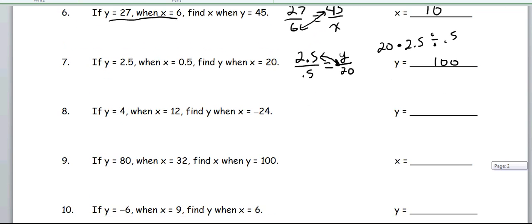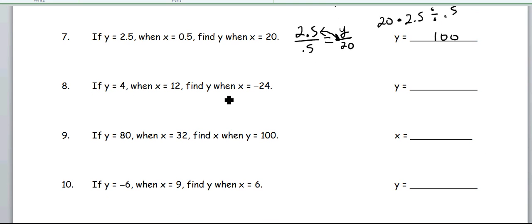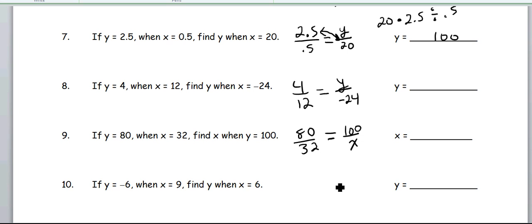Okay, we've got a couple more left here. 4 over 12 equals, and then we have negative 24 here, and then a y. I'm just going to set these up. I want you to solve them at home. If y equals 80 when x is 32, find x when y equals 100.